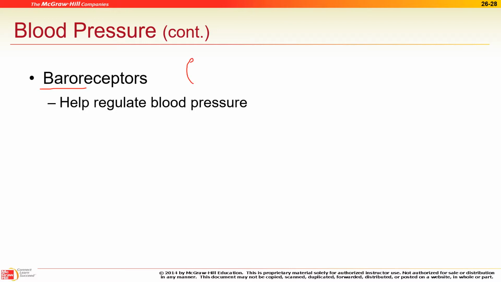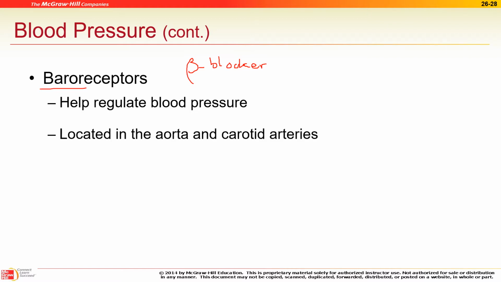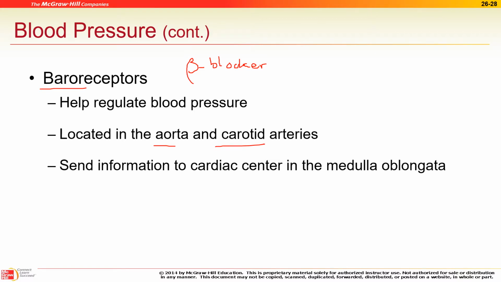So for example, beta blockers, you can't get excited. So if you stand up quickly, the heart's not going to react. It's just going to keep on beating nice and slow, and the patient may faint. So you got to train them. Get up very slowly. Those are the ones on the side of your neck.